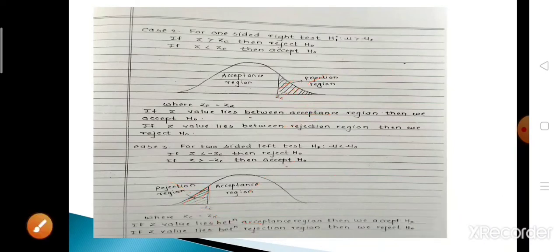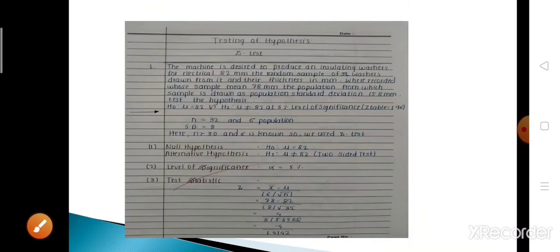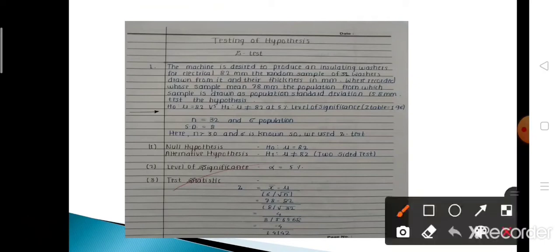Okay, let's see one example of Z test. The machine is desired to produce insulating washers of electrical 82 mm thickness. A random sample of 32 washers is drawn and their thickness in mm was recorded, whose sample mean is 78 mm, and the population from which the sample is drawn has a population standard deviation of 8 mm.